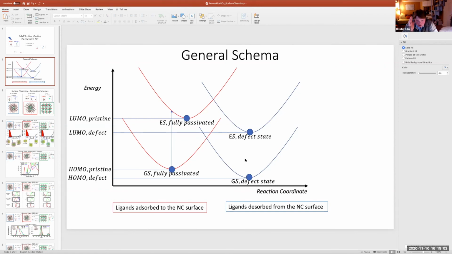Can I speak? There is a little confusion, which is okay inside the group, but for outside presentation, the energy shouldn't be HOMO and LUMO. Some rigorous people may argue. HOMO is occupied, and the upper one is the excited state for an electron being transferred from HOMO to LUMO.